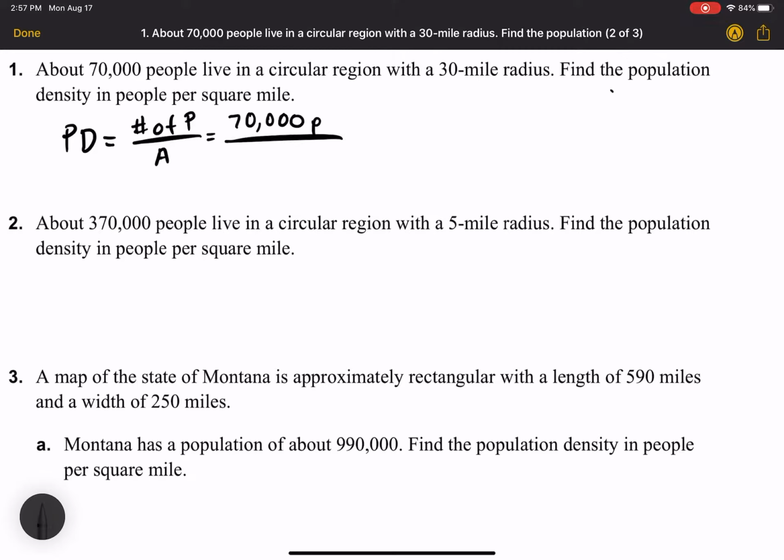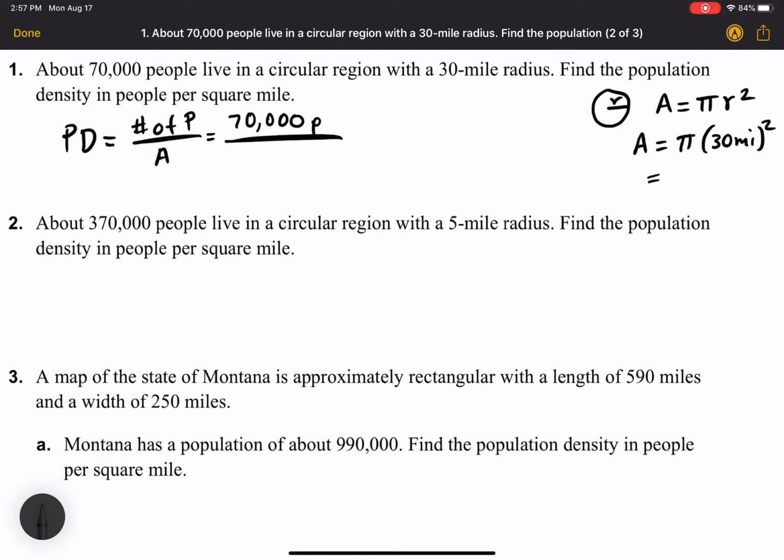We know we're dealing with a circle, and the area of any circle with radius r is given to us by pi r squared. So the area for our problem here is going to be pi times 30 miles squared. Now, please remember the order of operations. You square before you multiply.